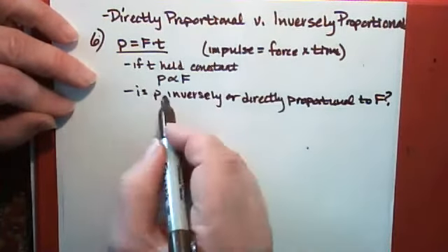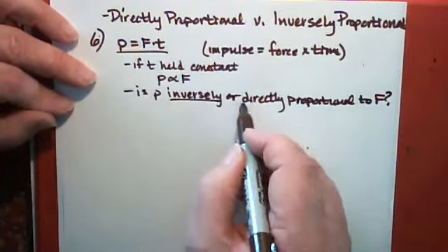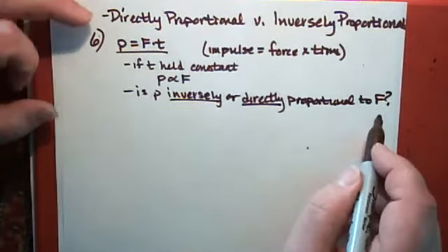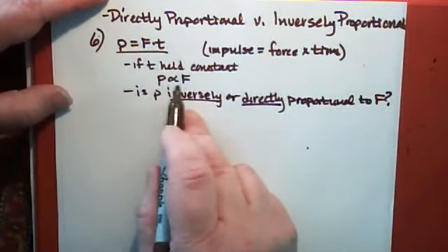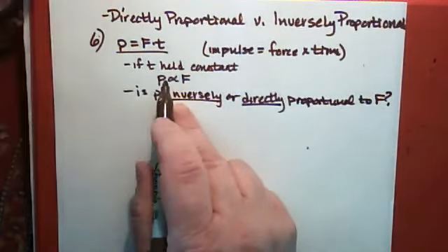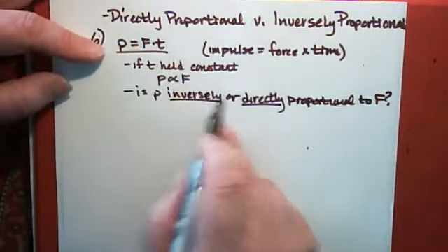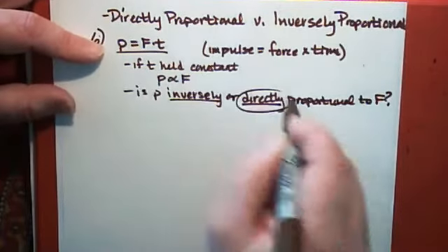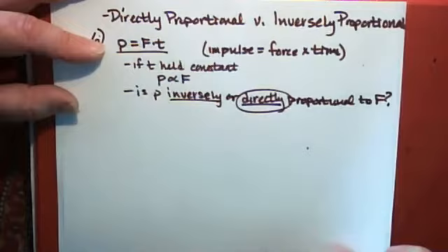And so the question is, first of all, is P inversely or directly proportional to F? Well, since there's no ratio involved on either side, that's another way of saying that they are directly proportional to each other. So directly would be our answer here.